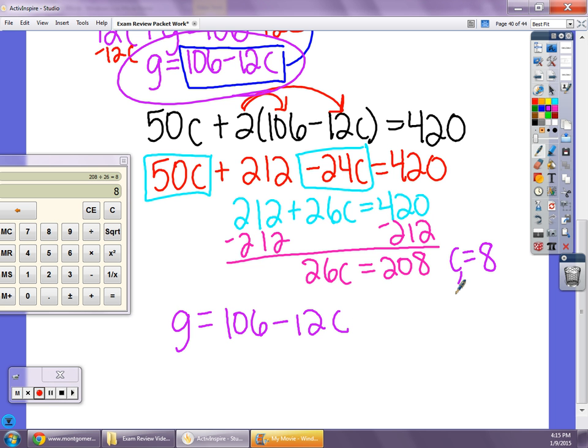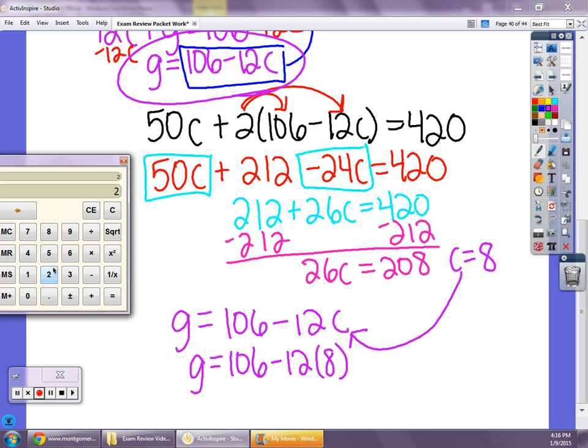But now we know C. C is 8. So I'm going to substitute G is equal to 106 minus 12 times 8. And let's see what we get. 12 times 8 is 96. And 106 minus 96 is equal to 10. So G must equal 10. And we've answered the question.